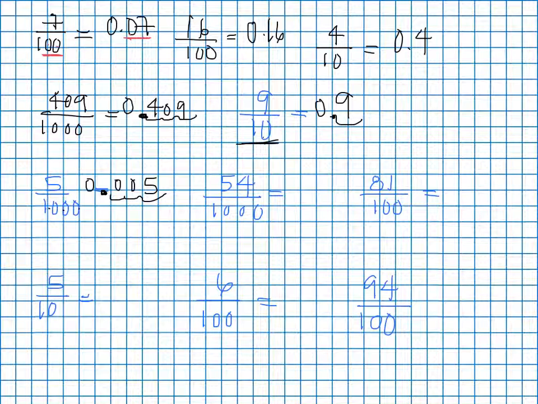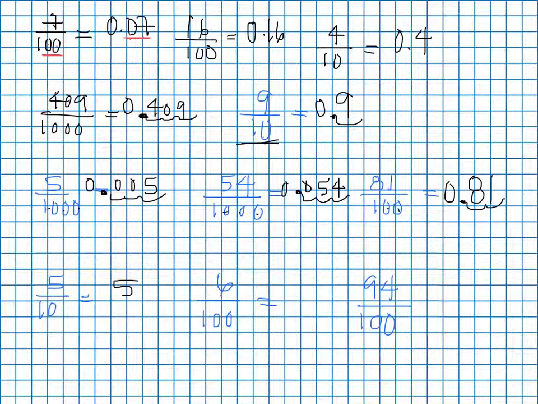I should have given myself more room here. 54, and then we have 1, 2, 3, so we go 1, 2, 3, 54 thousandths. Here we have 81, and we have hundredths, so 1, 2, so we go 1, 2. 5 over 10.